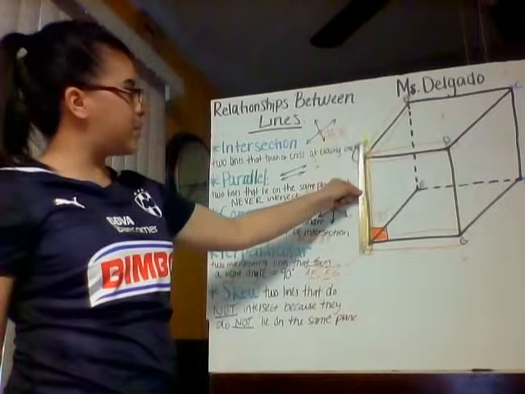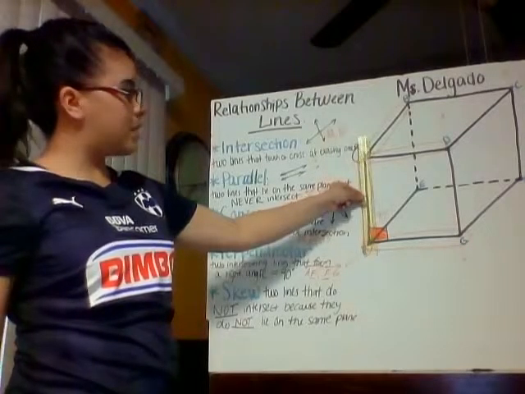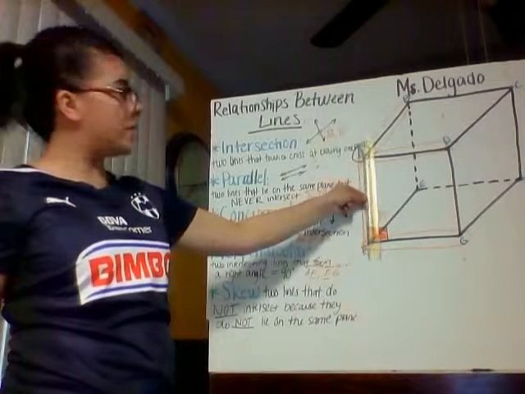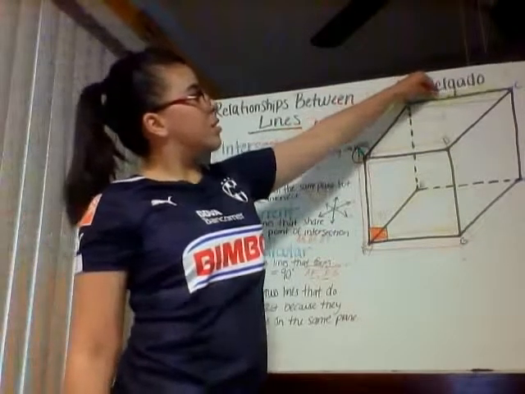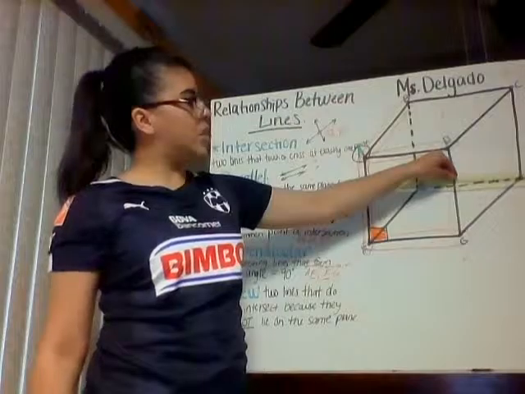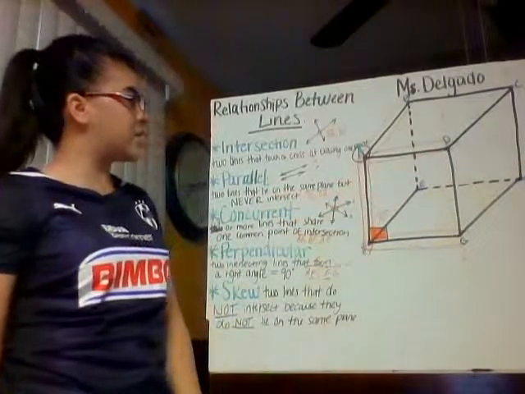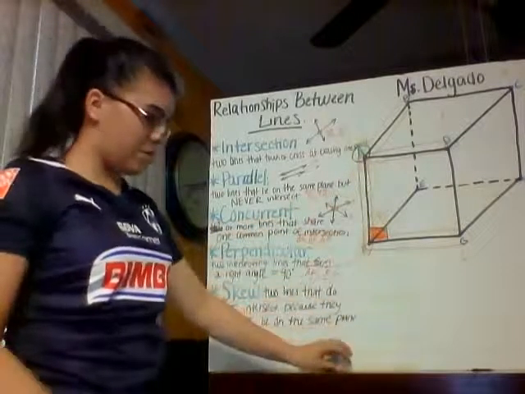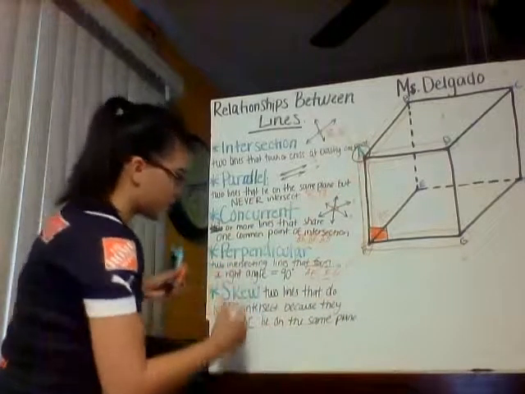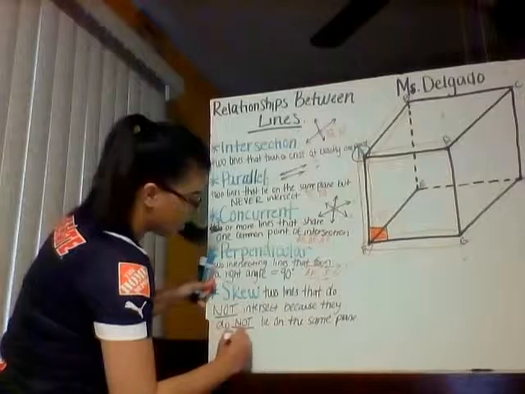So let's keep using AF because that's the line we have been using the most. AF. All of our horizontal lines are going to be intersecting or on a different plane. Let's see AF. We read our first line, AF.